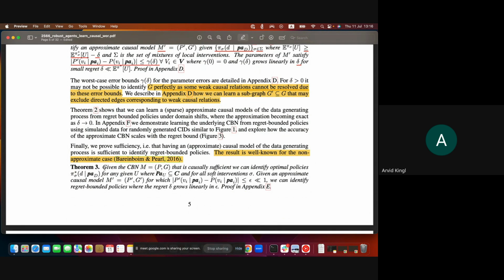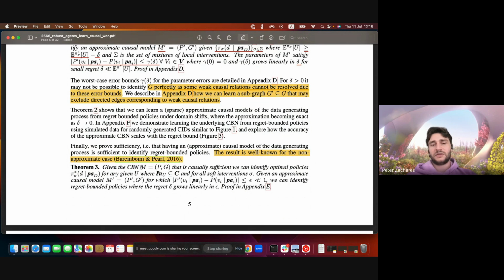So given the causal Bayesian network, or the causal Bayesian model that is causally sufficient, we can identify the optimal policies for any given utility function and for all soft interventions. And then given an approximate causal model, you can identify regret bounded policies for it. So it's literally the same results that we saw in theorem 1 and 2, but in the opposite direction.